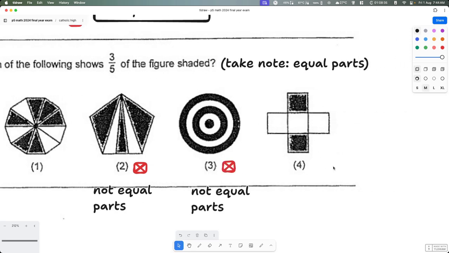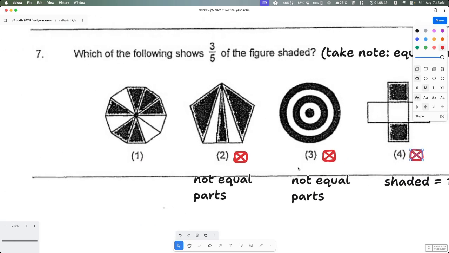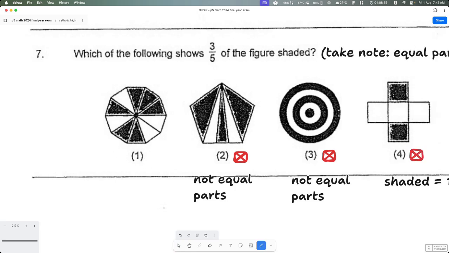Okay, these are equal parts, which is great. But however, the shaded is sadly half. So sadly, this is also wrong in this case over here. Right, the shaded is half. So by elimination, you got one, but we need to double confirm. So we have in this case 1, 2, 3, 4, 5, 6, 7, 8, 9, and 10.